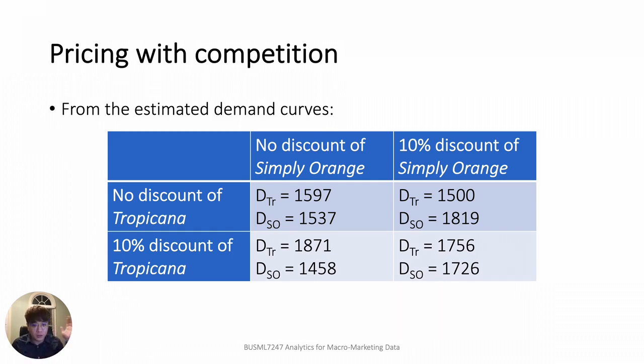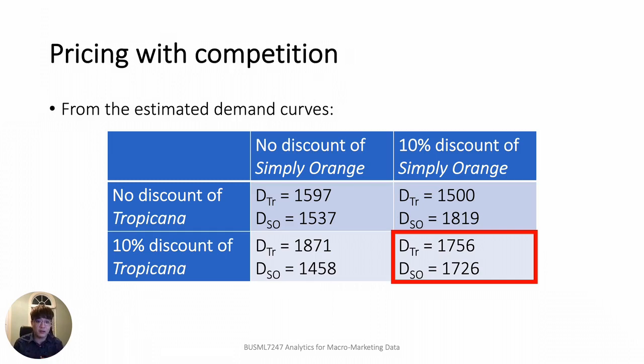And the two columns stand for the same cases for Simply Orange. Then, the cell of the first column and the first row indicates the scenario where both brands do not have price discounts. In this case, the demand for the brands is given by 1597 units and 1537 units.